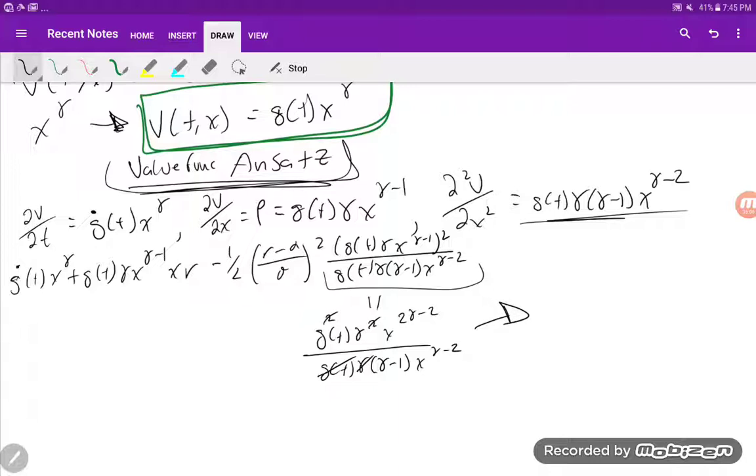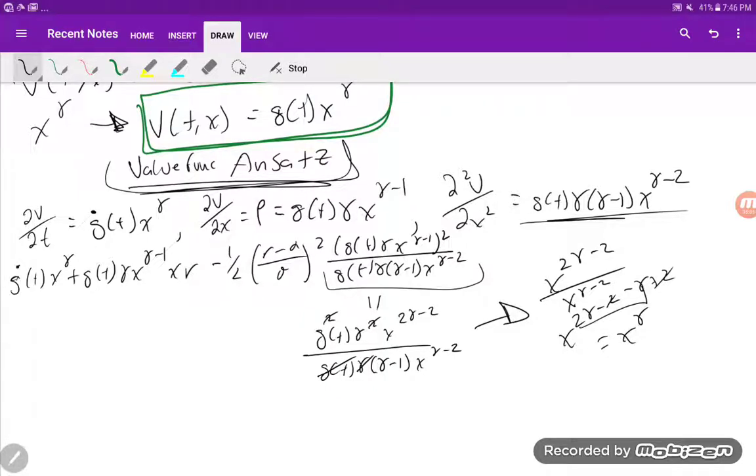And let's just do a little side calc: what is x to the 2 gamma minus 2 over x to the gamma minus 2? Obviously you just subtract exponents here, so you're going to get x to the 2 gamma minus 2 minus gamma plus 2. So the 2's cancel, you get 2 gamma minus gamma, that equals just gamma, so that all equals x to the gamma.